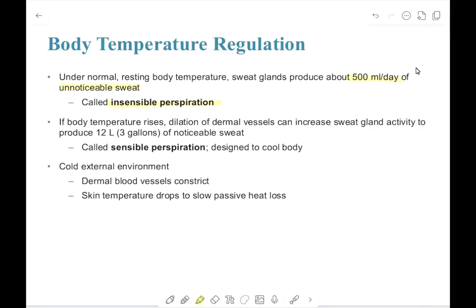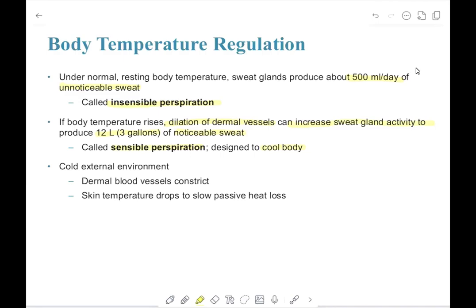But if the body temperature rises, the blood vessels in the dermis will dilate, and they do so to increase sweat gland activity to cool the body down. And it could be up to 12 liters or 3 gallons of noticeable sweat, which is called sensible perspiration, designed to cool the body. If it's cold, the opposite is going to happen.